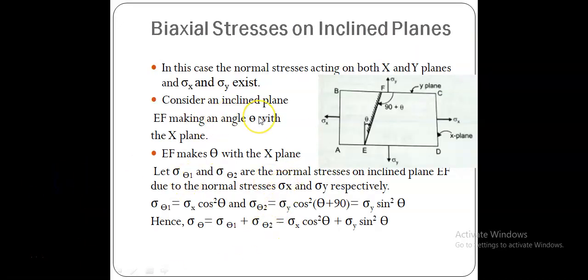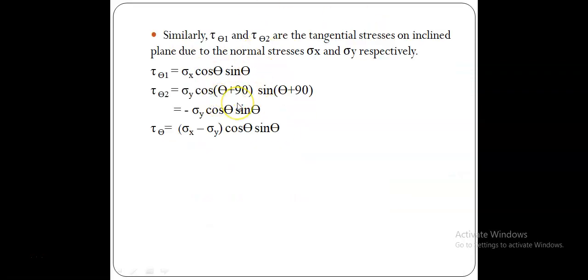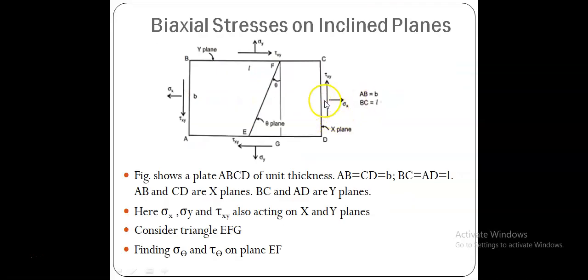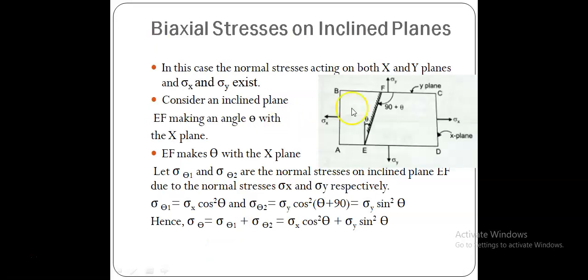Next, let us see the biaxial stresses on an inclined plane. In the previous slide we saw a stress acting in a single direction, on a single plane, sigma x.